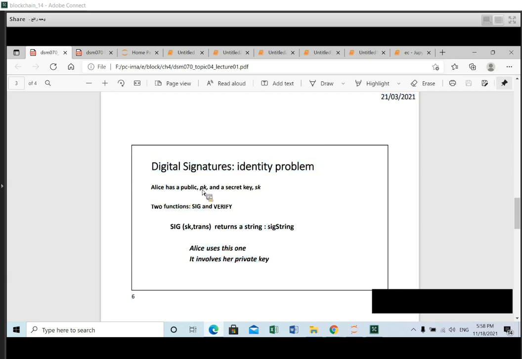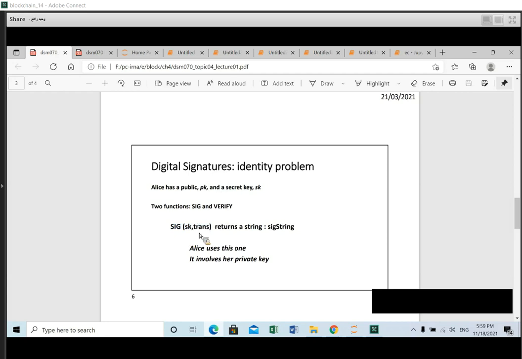All these questions are answered using digital signature. How? In fact, the identity problem is solved by digital signatures. Remember, Alice has a public key, PK, and a secret key, a private key, SK, okay? Two functions, signature and verify.